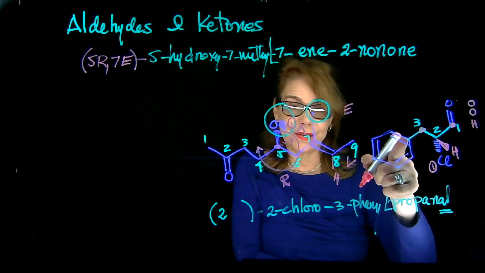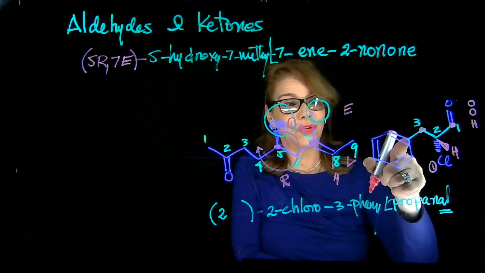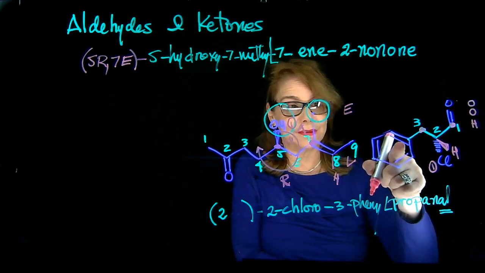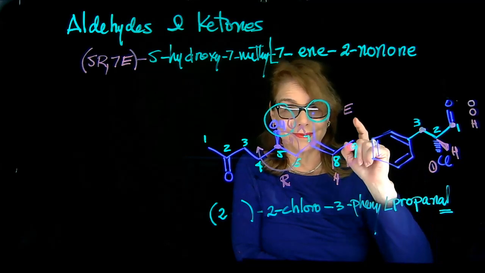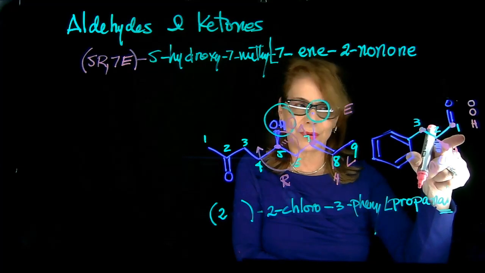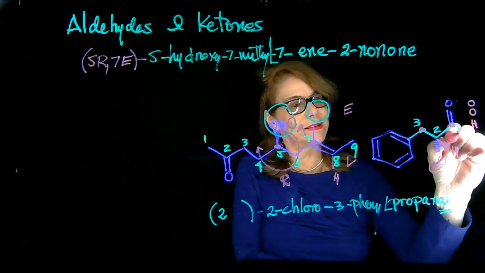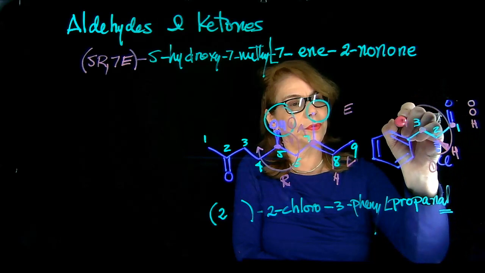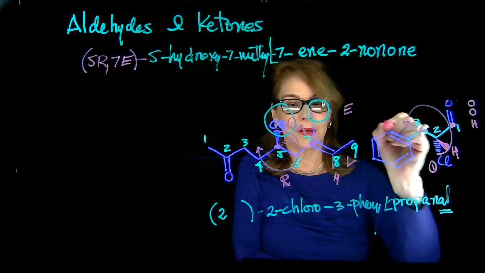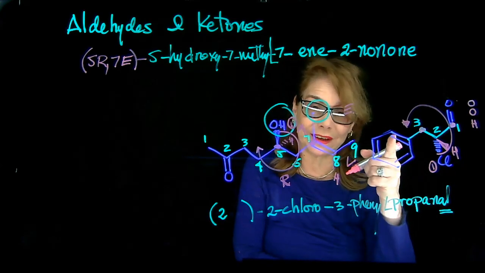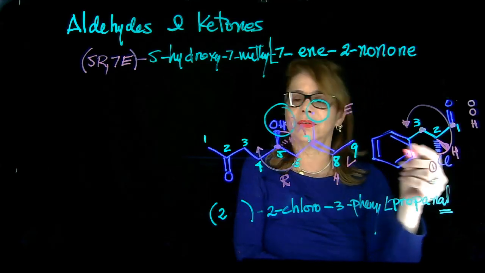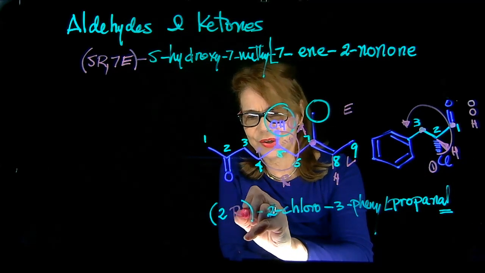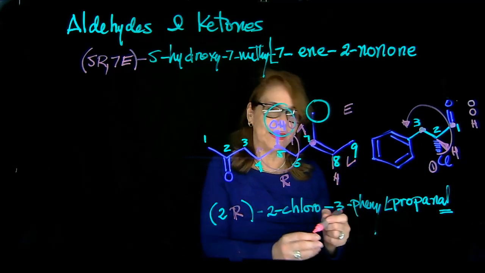Carbon number 3 is attached to, notice, carbon. So this is higher priority. So if I do that, then second highest, I will do 1, 2, and 3. This way, it looks like S, but I'm looking at it the opposite way. So this is R. So the complete name will be then that.